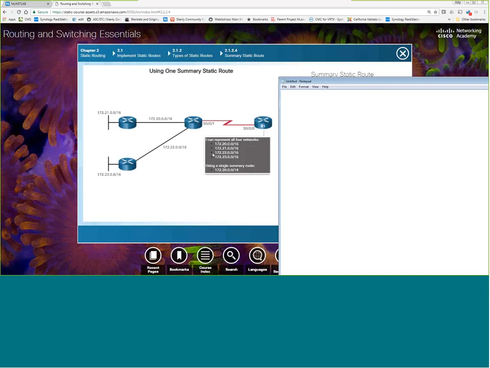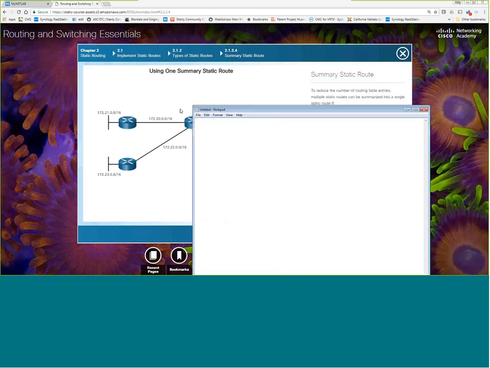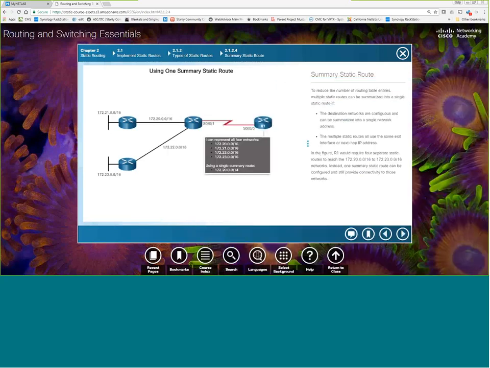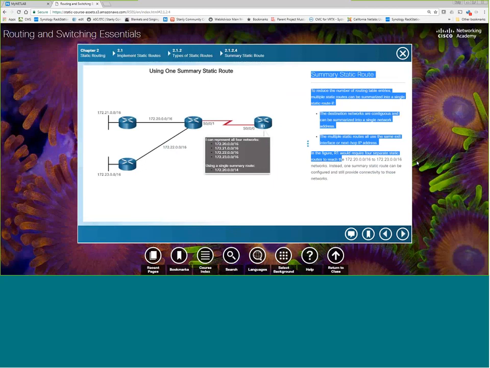Now, here's one thing you have to be careful of. Always remember that you can only summarize along bit boundaries. If you also had over here the 172.24.0.0/16 network, and you tried to go and actually do a /13, you would actually get more networks than you control. So be very careful with that. But if your summary is correct, you can just make a summary route.